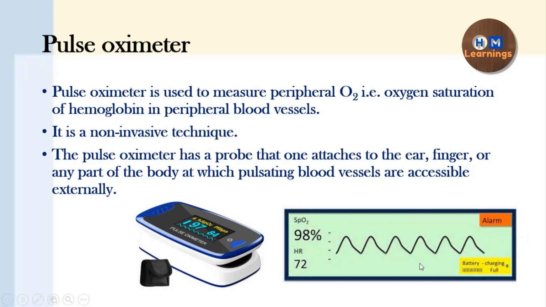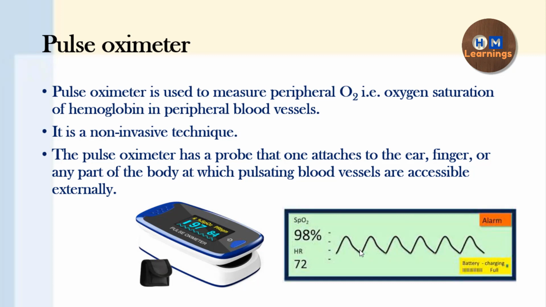So this is the pulse waveform which is also shown in some of the oximeters. How can you say that this is a pulsatile blood flow? You can say that the blood flow increases during the systole and the blood flow decreases during the diastole. So pulsatile means the volume of the blood changes with the cardiac cycle.